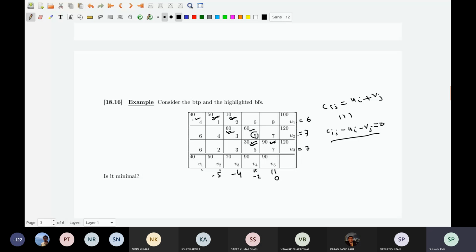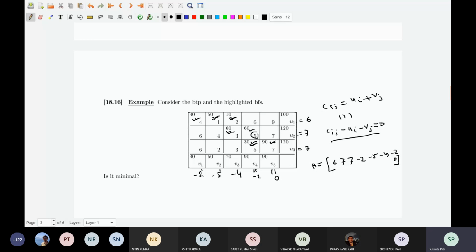So what is my beta? Now beta, actually you don't bother, but if you are very much interested, the beta is 6, 7, 7, minus 2, minus 5, minus 4, minus 2, 0. This was your beta. Anyway, so you have computed the beta. Then what?